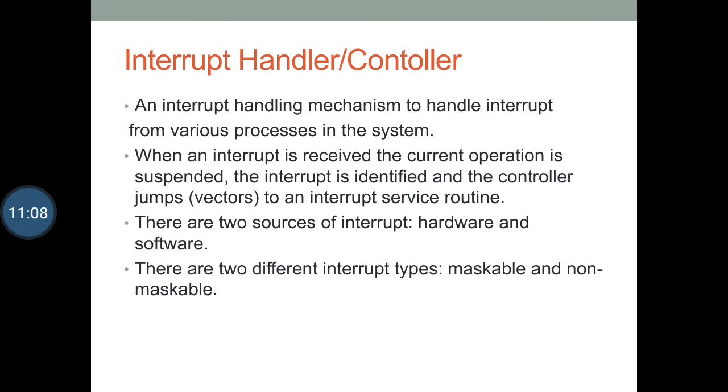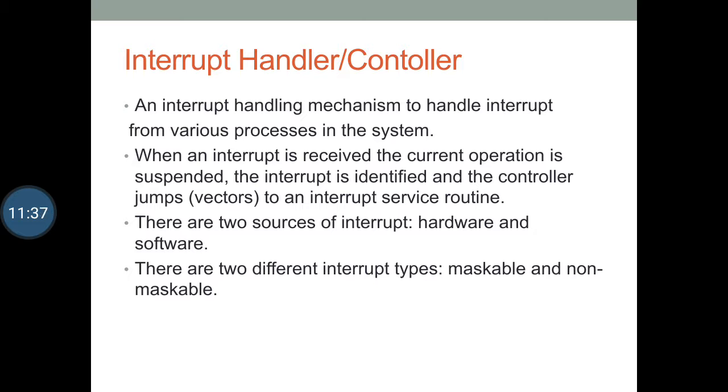Interrupts increase the response speed to external events. Different microcontrollers have different interrupt sources, which can include external timer and serial port interrupts. When an interrupt is received, the current operation is suspended, the interrupt is identified, and the controller jumps or vectors to an interrupt service routine.